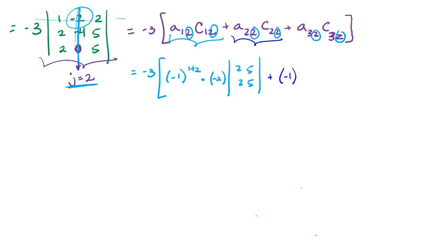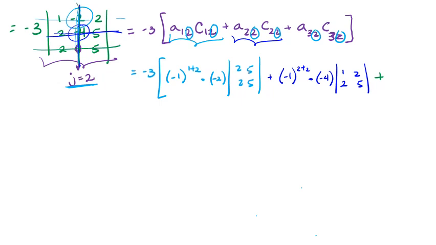Plus -1 to the 2 plus 2. All right, so my second row, second column, that entry is a -4 times that 2 by 2 matrix, this one, plus, okay, third row, second column.